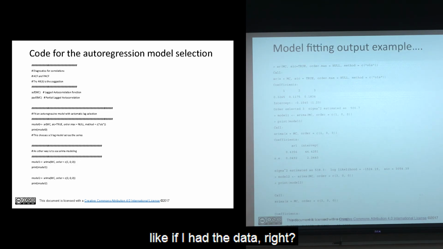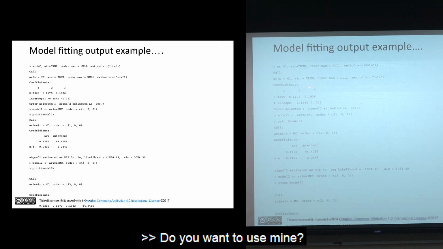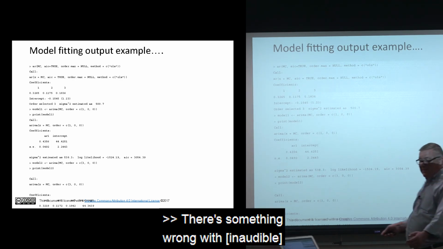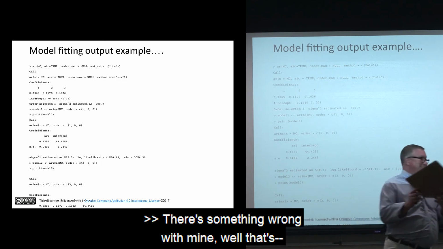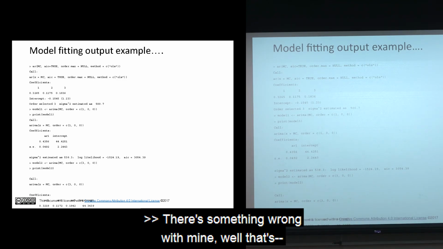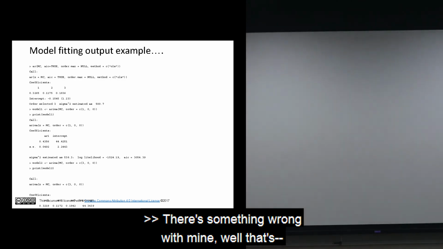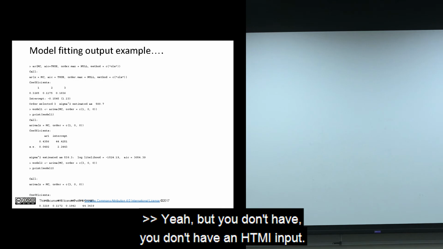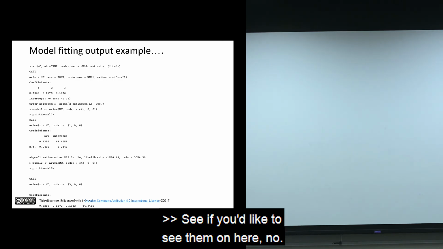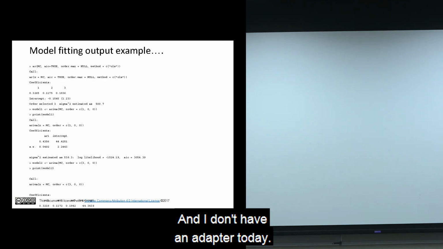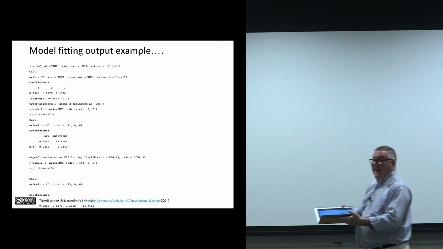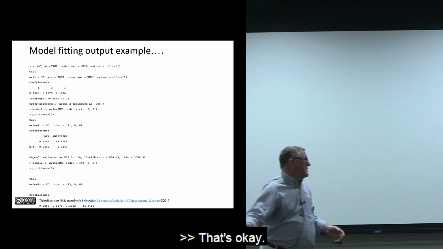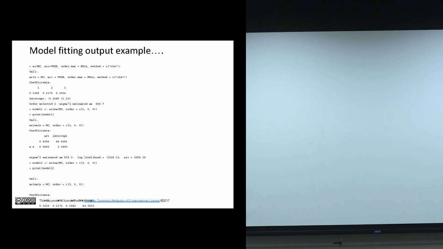So here's what that output would look like if I had the data. So here it fits it. Do you want to use mine? Is yours working? Yeah, it works. Okay. There's something wrong with that. That never happened. But you don't have an HDMI input. And I don't have an adapter today. That's okay. I've got the output. I can show the output I have.